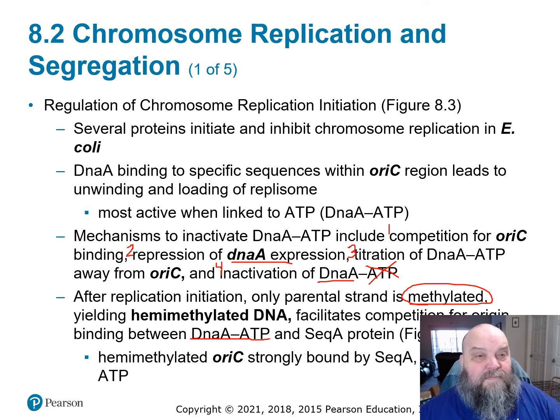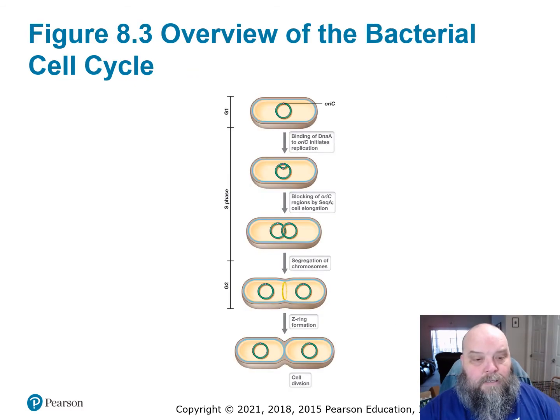It takes time after both those chromosomes are finished for the enzymes to go through and fully methylate them. It's kind of a timing thing. This is how the cell knows the chromosome is either not done replicating yet, so don't start any more, or two, we haven't divided yet. We're not ready for any of this yet because not everything's been methylated.